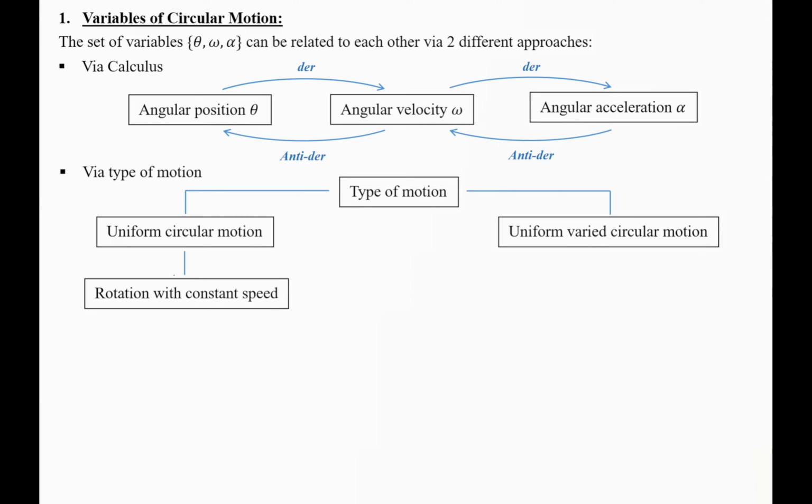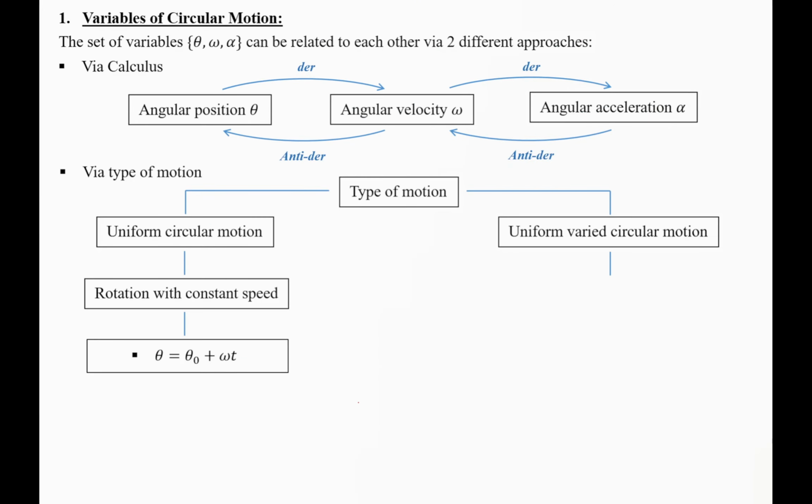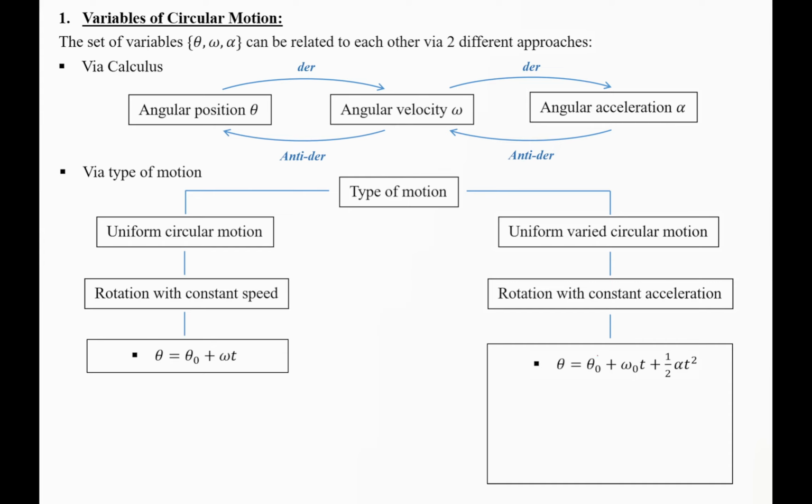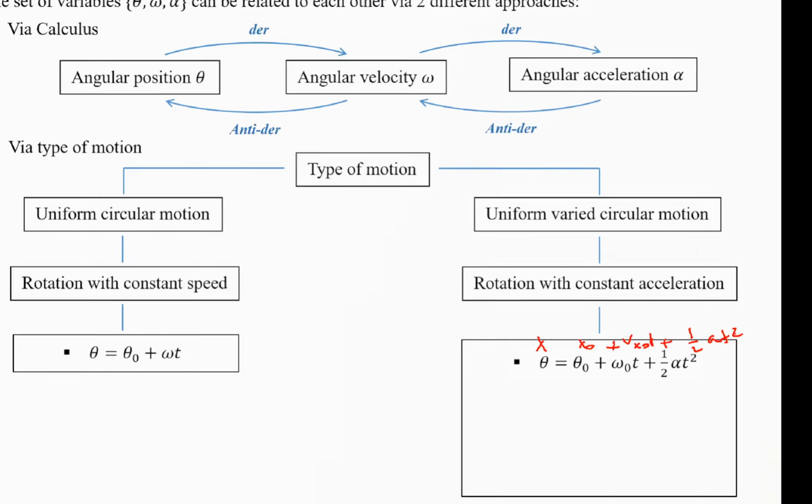If alpha is 0, which means we're rotating with constant speed, the only equation at our disposal is theta is theta 0 plus omega t, which is exactly as x is x0 plus vx multiplied by t. Otherwise, if we're rotating with constant acceleration, we have a set of equations in analogy with x is x0 plus vx0 t plus half a t squared.